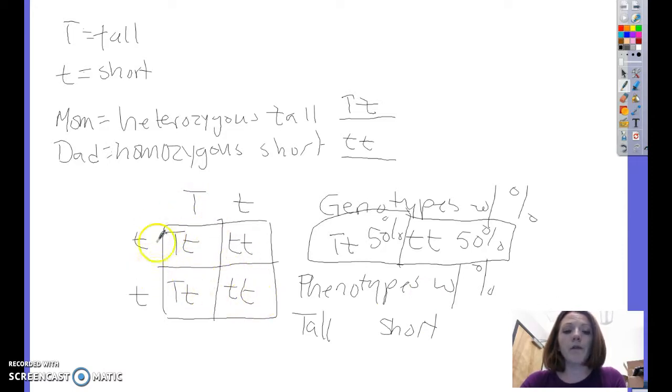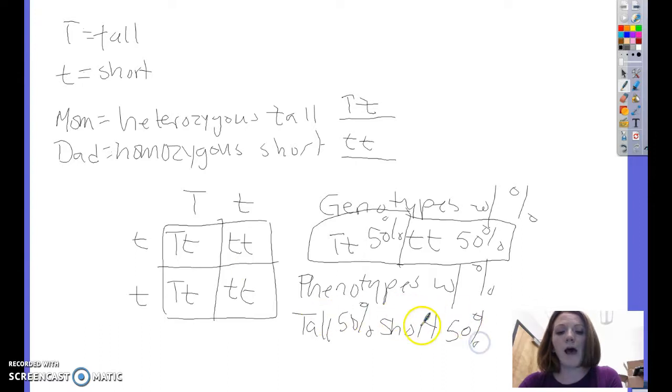So if I get this particular mom and dad together and they have offspring, what percentage of them are going to be tall? 50%. And what percentage of them are going to be short? 50%. That should always add up to 100%. A little checks and balances for yourself. Okay?